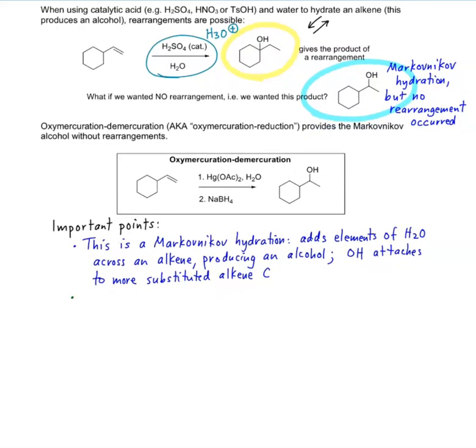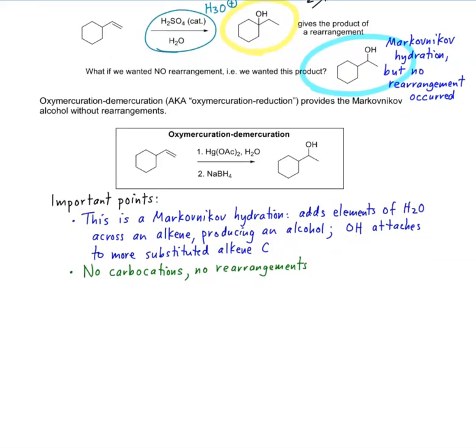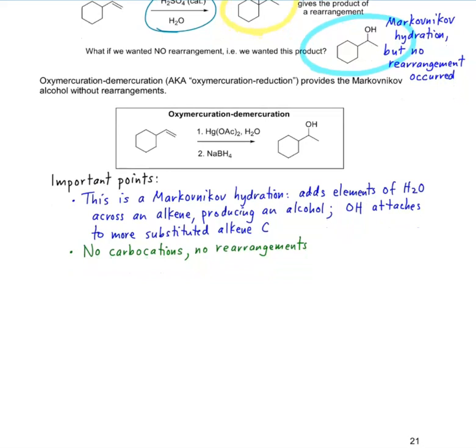Under these conditions, there are no carbocations formed in the mechanism, which we'll look at shortly, and no rearrangements. Now, there's a particular set of reagents that we're going to use to do this. So let's see what these are.